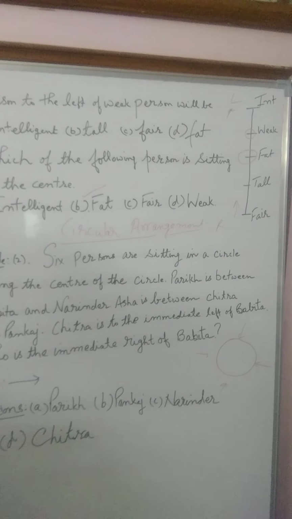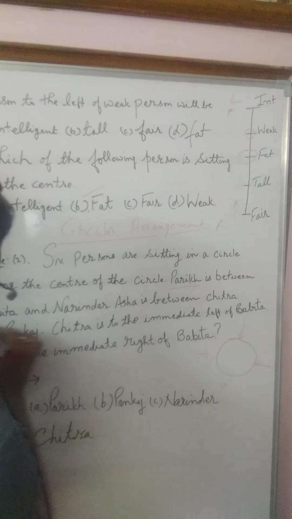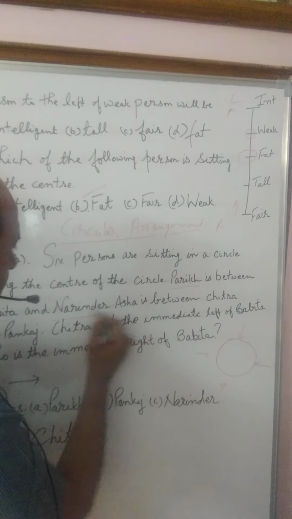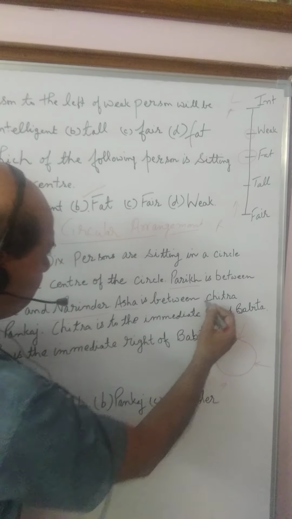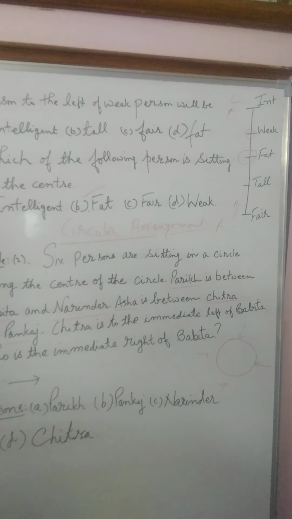Now their names are Parik, Babita, Narendra, Asha, Chitra and Pankaj. These are the 6 names of persons. Now let us read the first line. Parik is between Babita and Narendra. What does it mean?